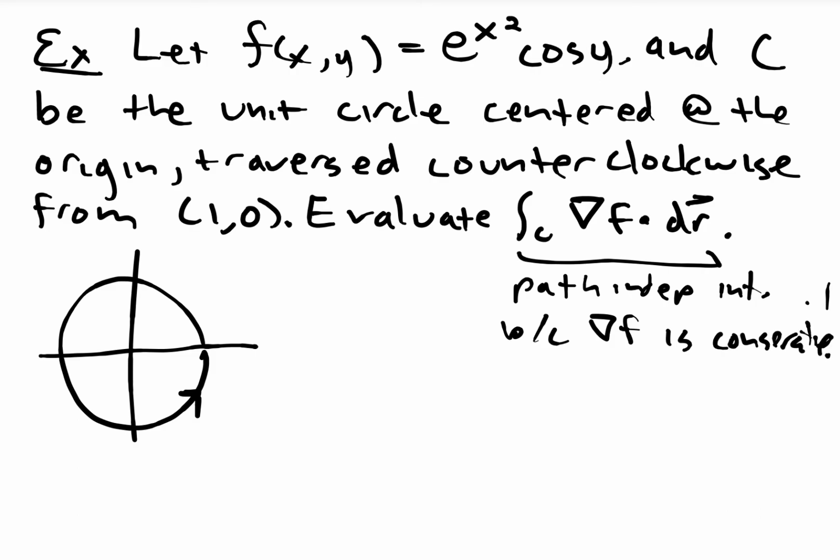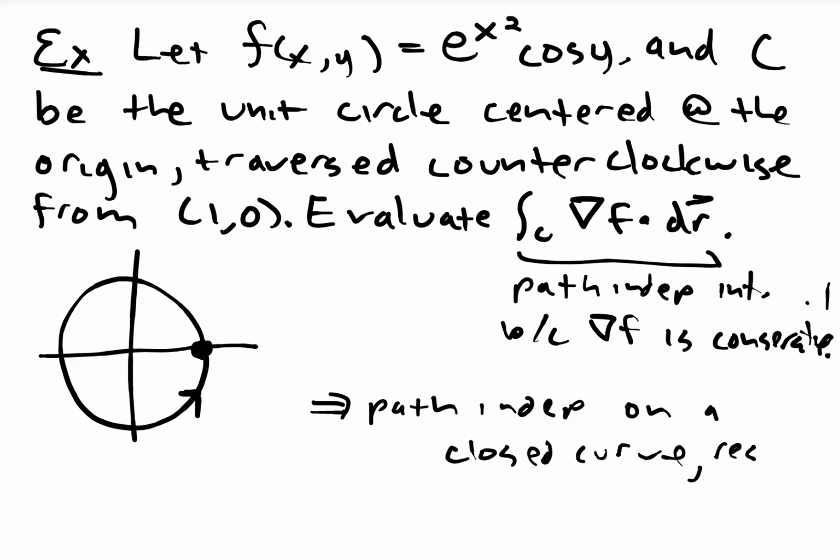And since it's path independent, and we are starting and ending at the same location, my integral has to come out to 0, right? So if we are path independent on a closed curve, you're going to get that the result is 0. I don't even really have to do any work here.